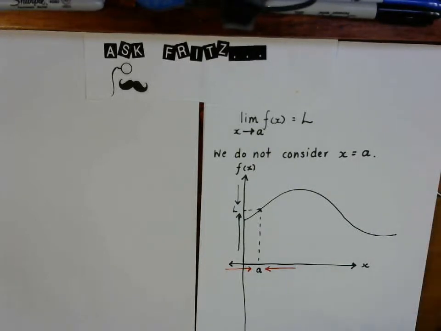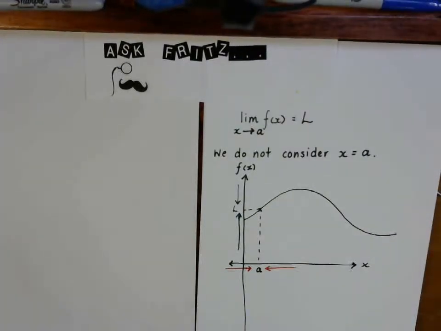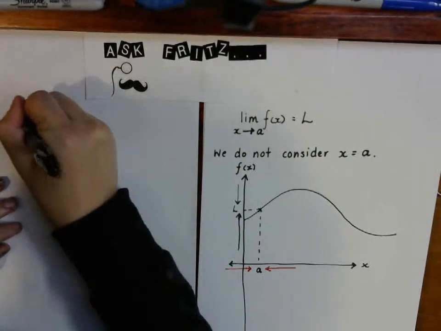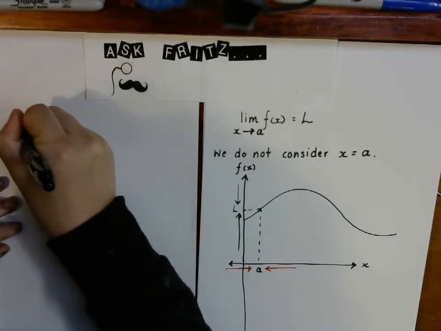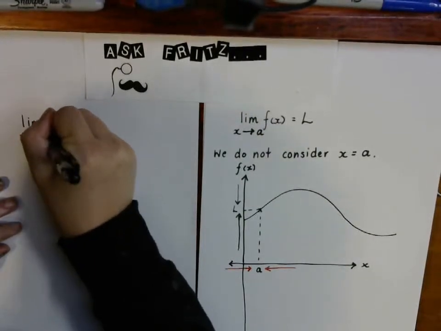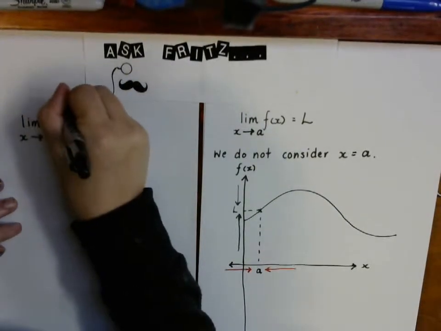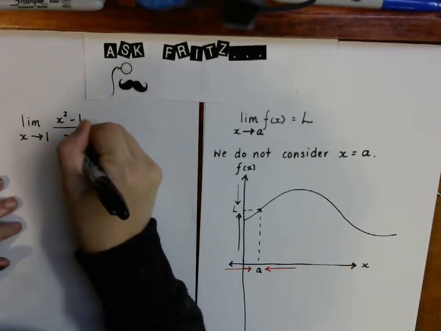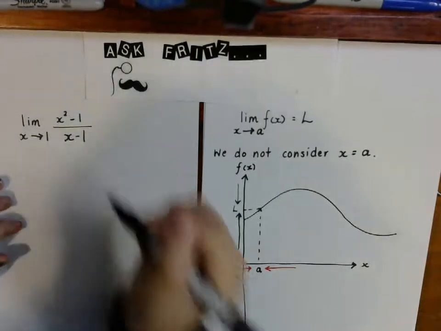Okay? Now, I just want us to have a quick look at, let's evaluate another limit of a rational function. So let's calculate the limit as x tends to 1 of (x squared take 1) all over (x take 1).